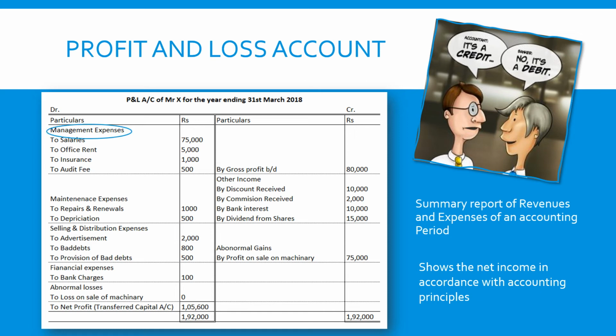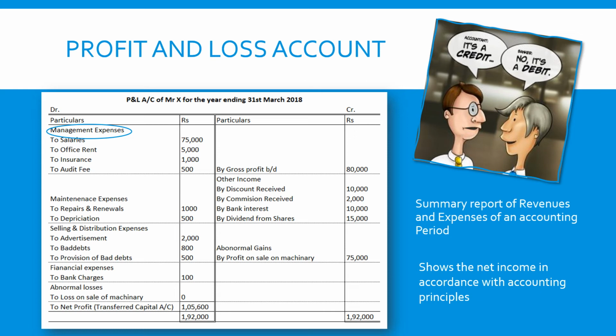Now let's understand the management expenses. What are these management expenses? The line and subline items that I'm showing here are very self-explanatory: salaries, office rents, insurance, audit fees, which are not directly associated to your final product or to making the product saleable, become your management expenses, or the indirect expenses.